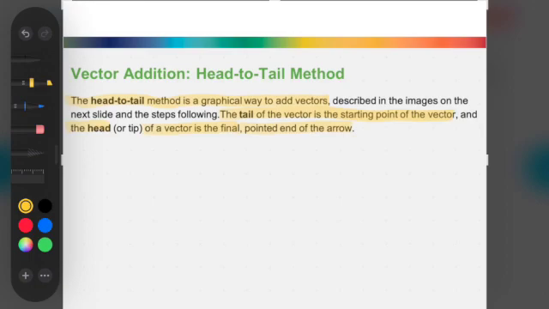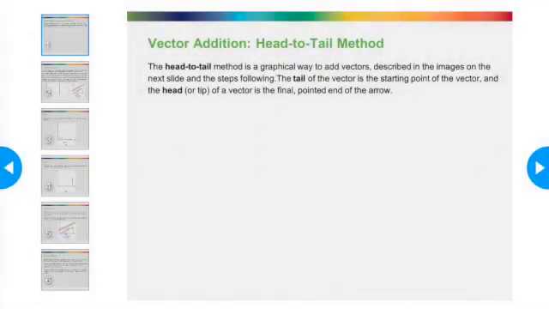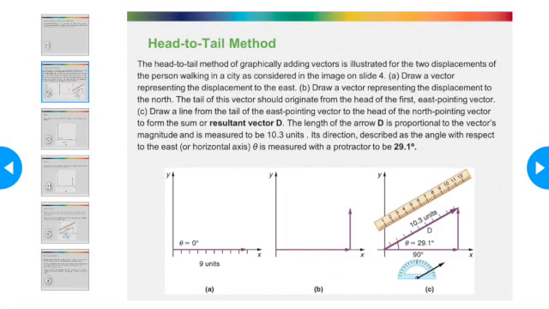So the way this is going to work, I'm just going to describe it in the next slide here. There are multiple slides broken down, but we're going to just look at it in this one. They do define resultant vector again here, but we're going to define it later because it's better later on. So you start out by drawing the first vector.